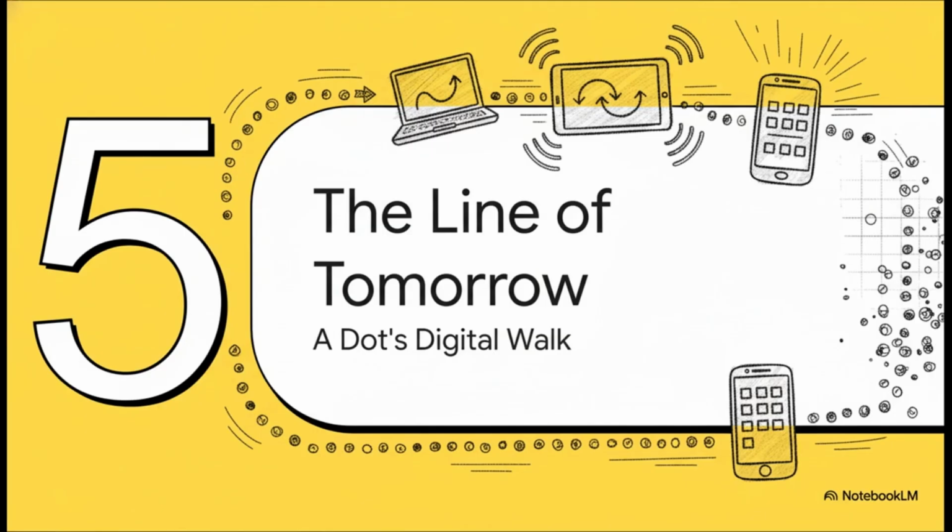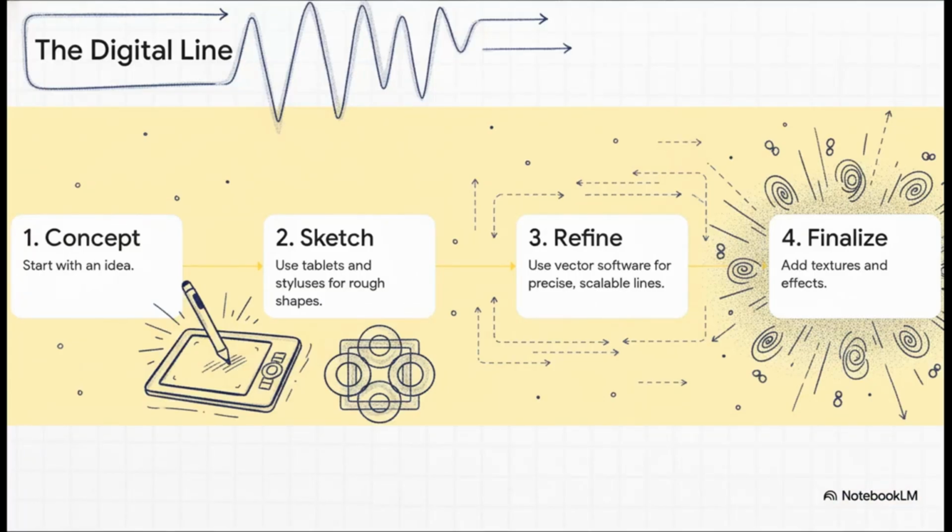All of this brings us right up to today. That dot is still walking, but now its journey has moved from paper and canvas right onto our screens, completely transformed by technology. The whole creative process has just fundamentally changed. Artists now use graphics tablets to sketch freely. Then they jump into vector software to create perfectly clean, infinitely scalable lines.